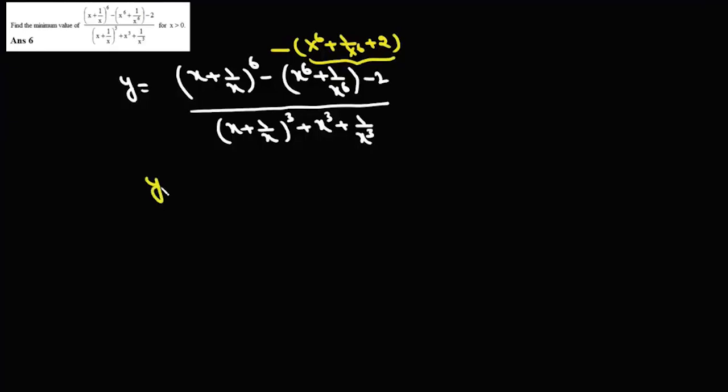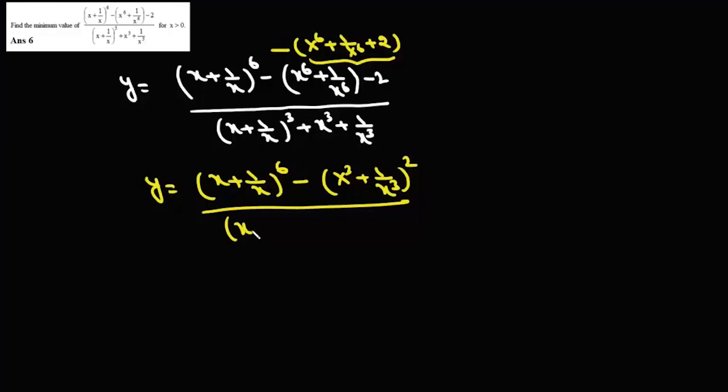So we can write this as y equals (x plus 1 upon x) whole to the power 6 minus (x cube plus 1 upon x cube) whole square, whole divided by (x plus 1 upon x) whole cube plus x cube plus 1 upon x cube. Now in the numerator we have x plus 1 upon x to the power 6. We'll write this as (x plus 1 upon x) to the power 3 whole to the power 2. Now this is a square minus b square.